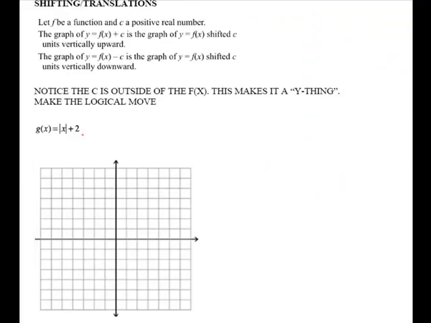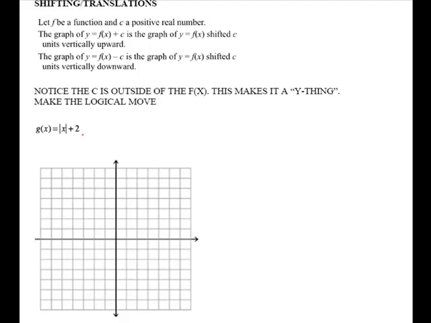And now we're going to do some transformations to our standard graphs that we memorized. And the first one is a shifting translation. The first kind we look at is a vertical translation or a vertical shift. And this is when we have a positive real number. C is a positive real number, and it is added to the function.